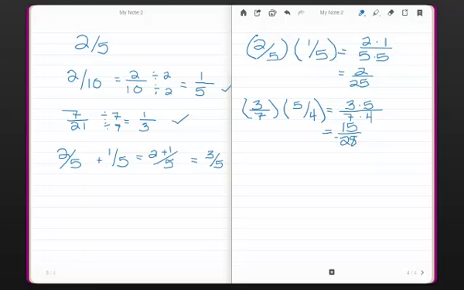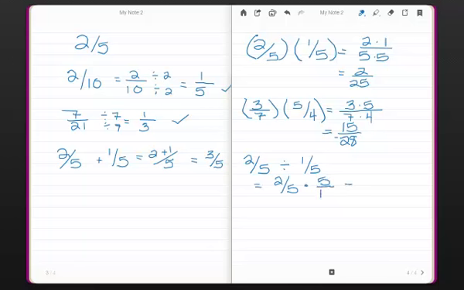Something similar happens when we're dividing, but we have one important rule to remember. If I am dividing 2/5 by 1/5, I need to remember to multiply by the reciprocal of the second number. So 2/5 divided by 1/5 is the same as 2/5 times, and I invert this to be 5 over 1.